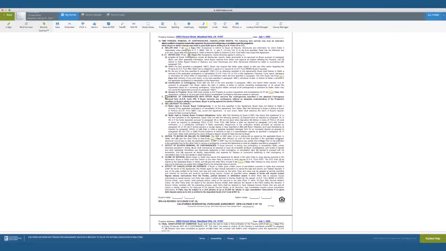So that's really important, and that can be given 2 days prior to when the contingency is up. And that's days, full days, not until 5 o'clock.